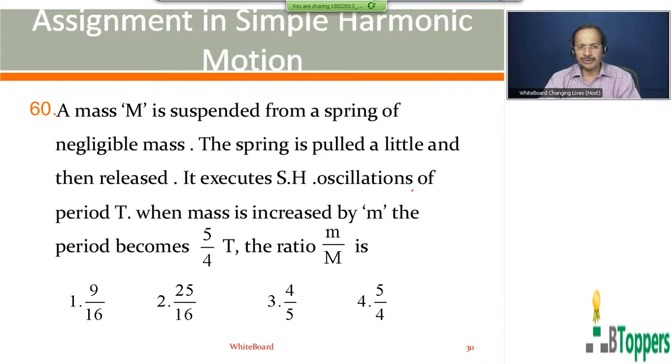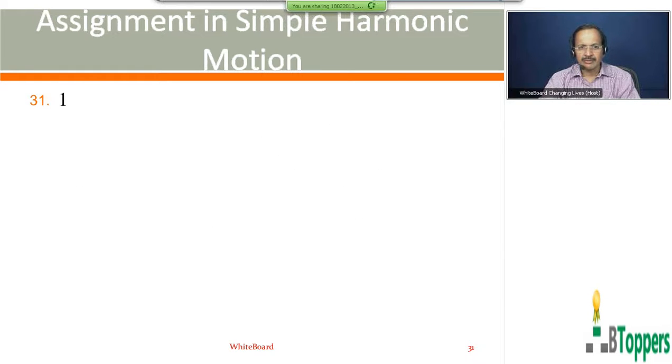So I am now going to show you the answers for these questions. For question number 31, first option is the answer. For question 32, third option. For question 33, second option. For question 34, first option. For question 35, also first option.